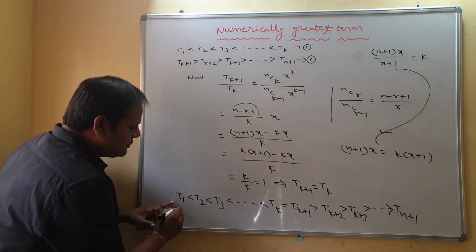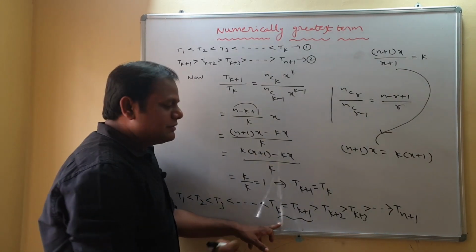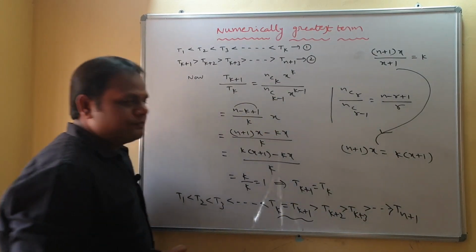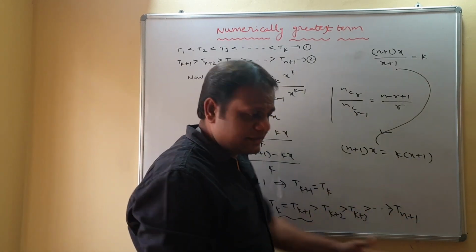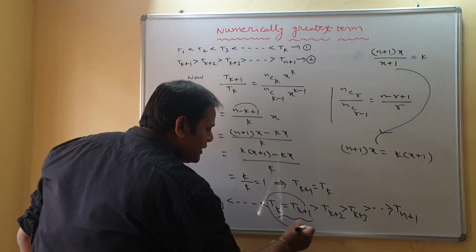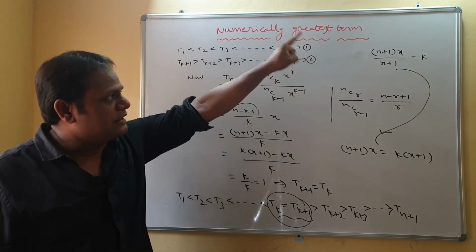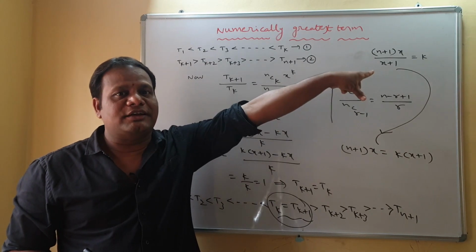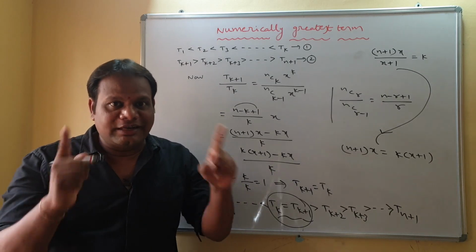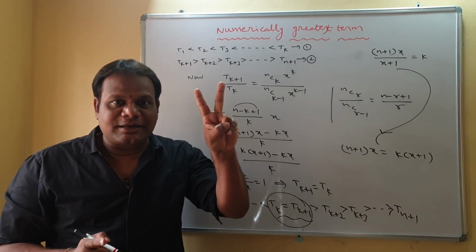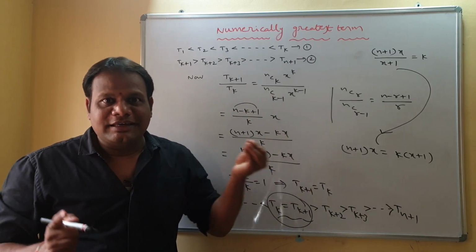See here, till this the terms increase and then decrease. So what about numerically greatest terms? tk and tk plus 1. So if n plus 1 into x by x plus 1 equal to k and that k is an integer, then two numerically greatest terms will exist. Those are tk, tk plus 1.